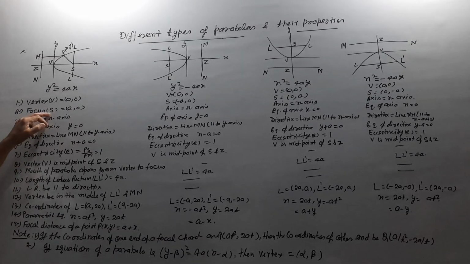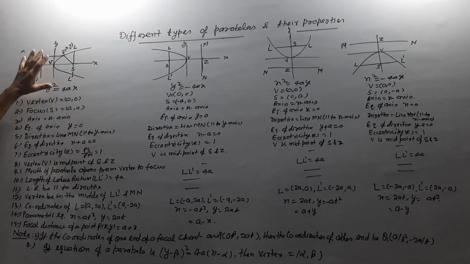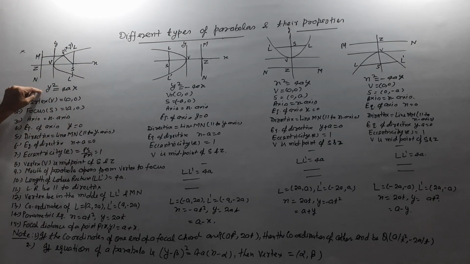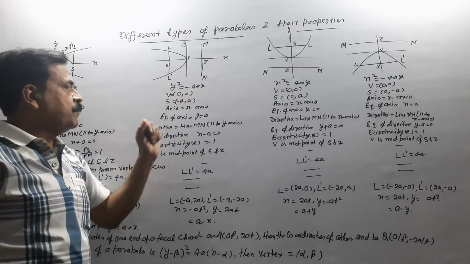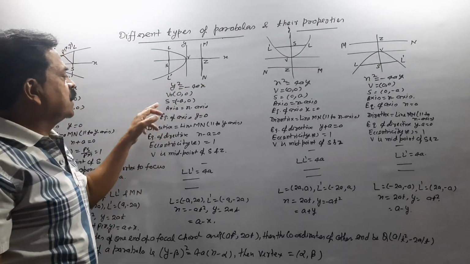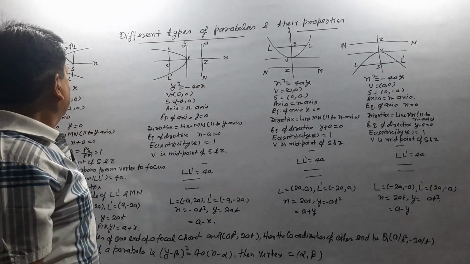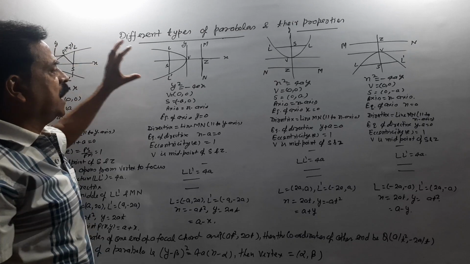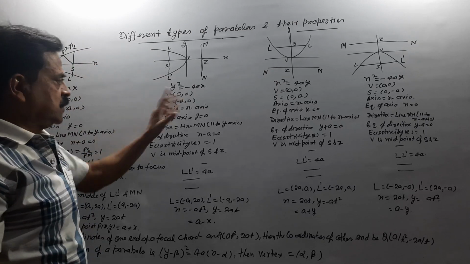Next, second point, the focus of the parabola. The focus of a parabola is denoted by S, and the coordinates in this case are a, 0. If the equation of the parabola is y square equals 4ax, then the figure is this, and the coordinates of the focus are a, 0. For the second kind of parabola, whose equation is y square equals minus 4ax, the focus is minus a comma 0, because the focus in these two cases lies on the x-axis, so the y coordinate is 0 in both cases.